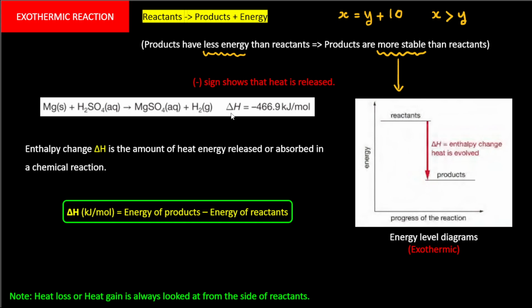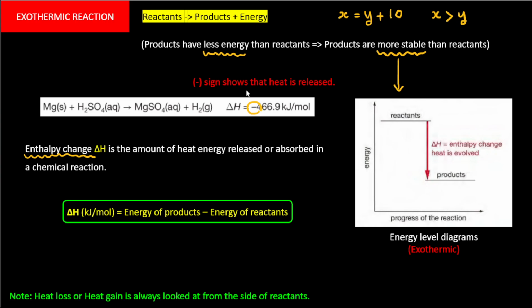The delta H here, which we call the enthalpy change, is the amount of heat energy which is either released or absorbed in a chemical reaction. In this case, our delta H is giving us a negative sign. A negative sign shows that the heat is being released to the surroundings, so make sure that you don't confuse it.